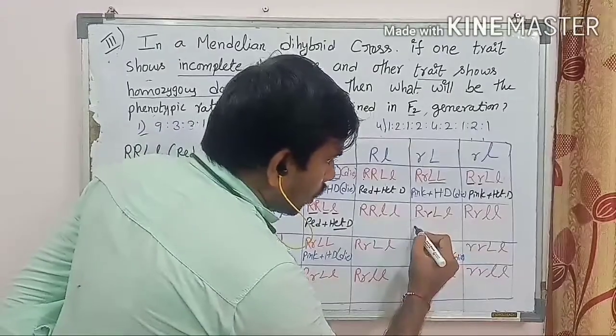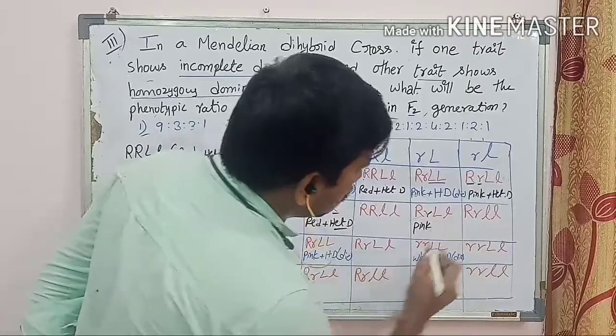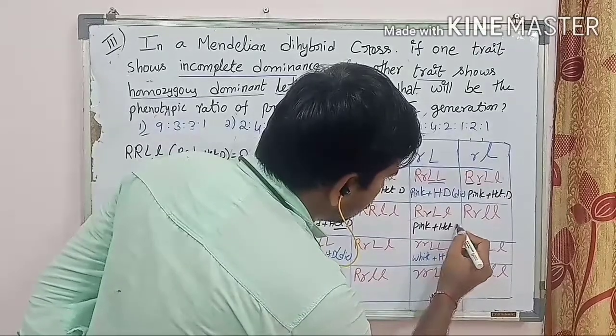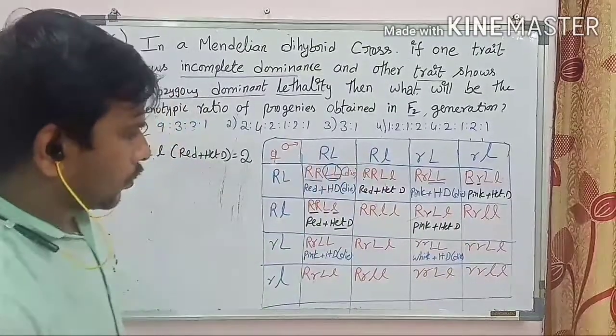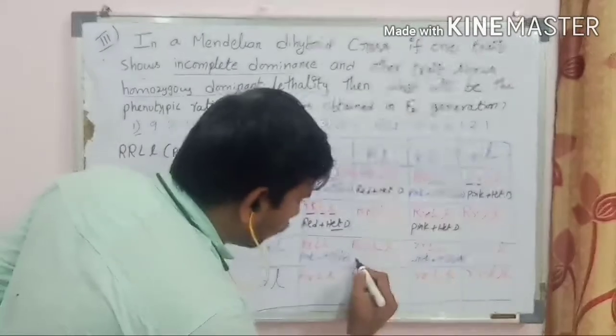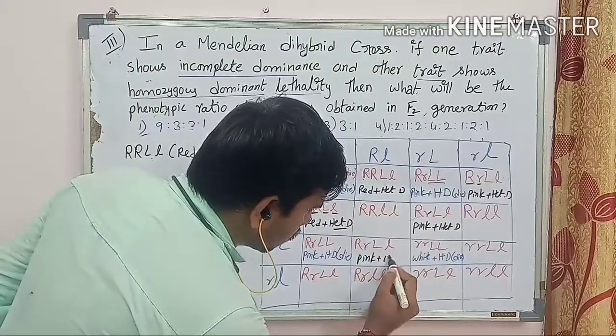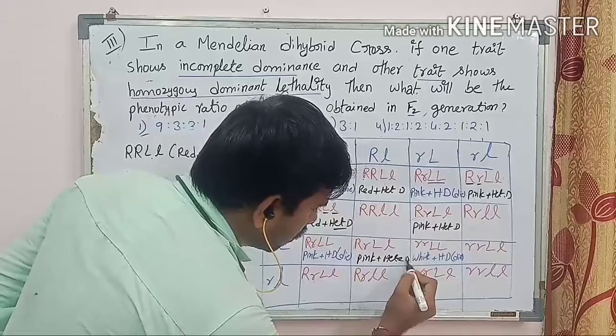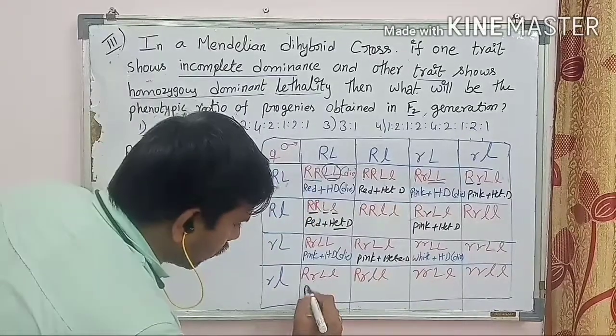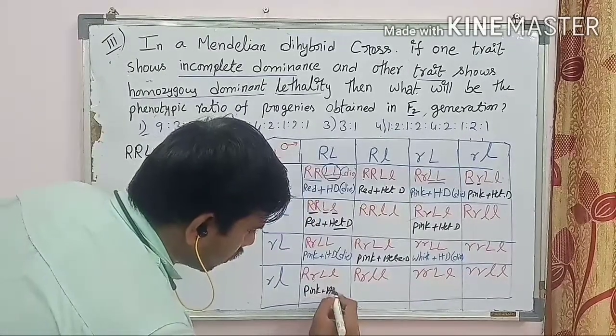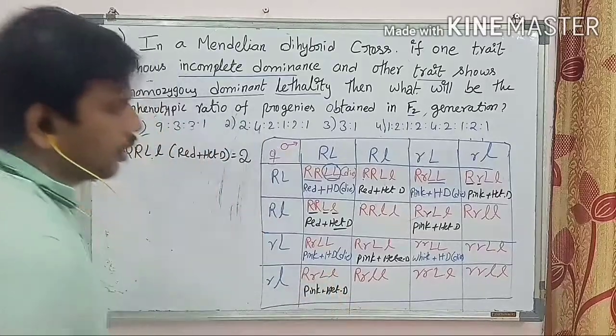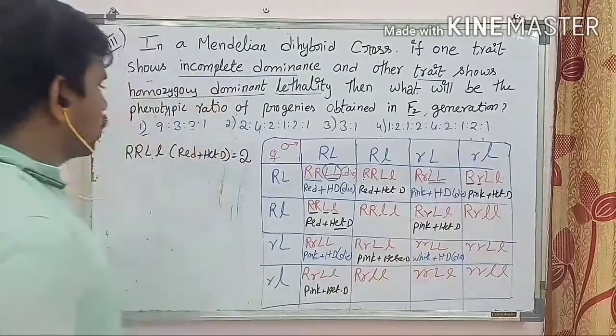Now here another one, pink plus heterozygous dominant. Again see here, pink plus heterozygous dominant, and here pink plus heterozygous dominant. Now with this phenotype, total how many are there?